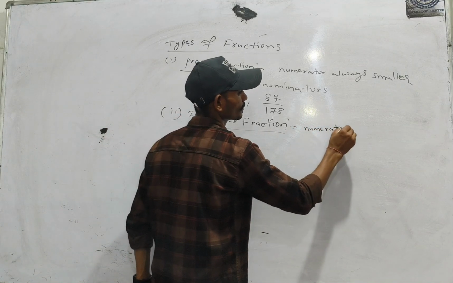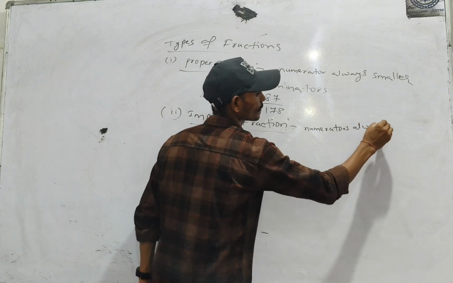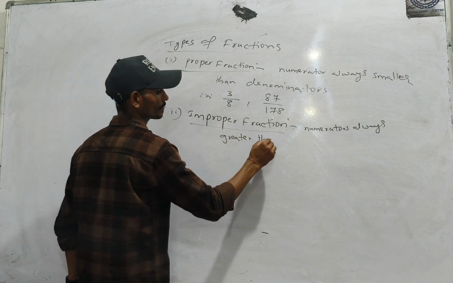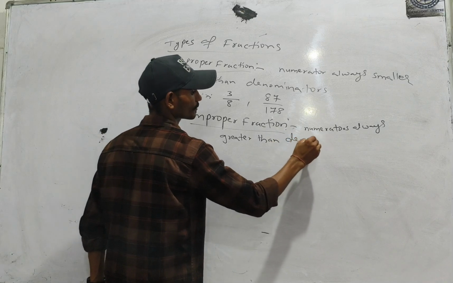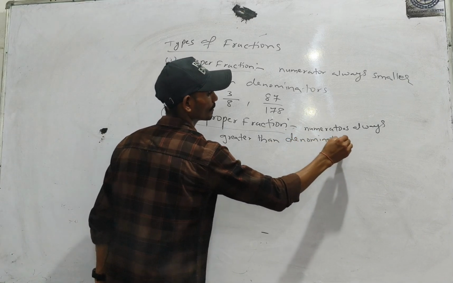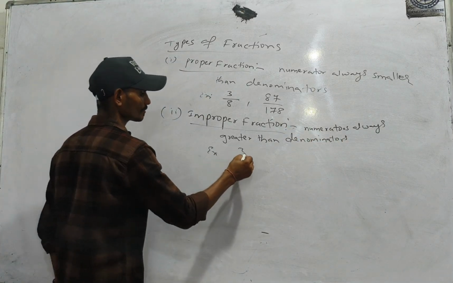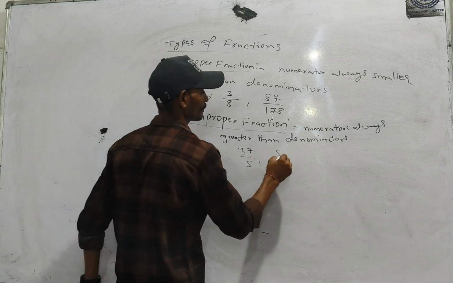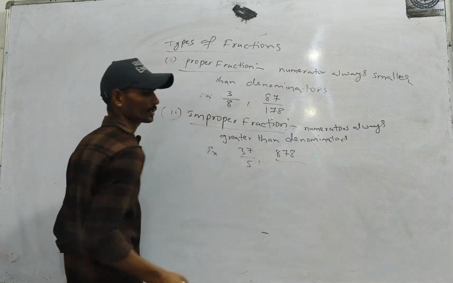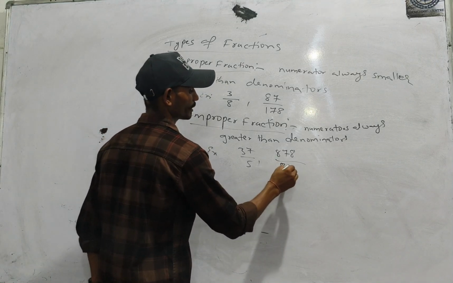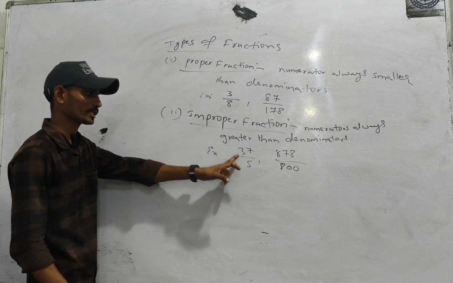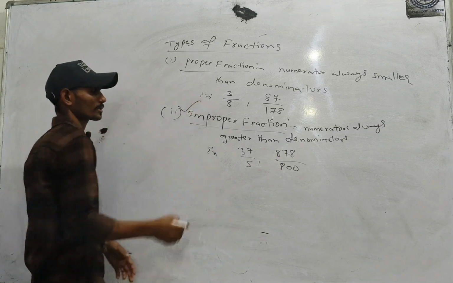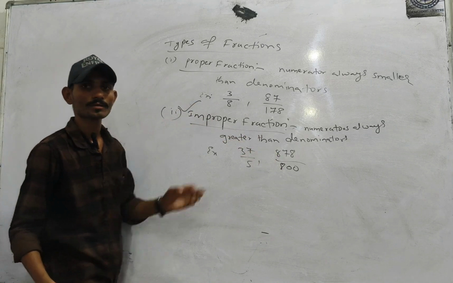Examples: 37 by 5, next 878 by 800. Okay? Numerators always greater than denominators, then those types of fractions are called improper fractions.